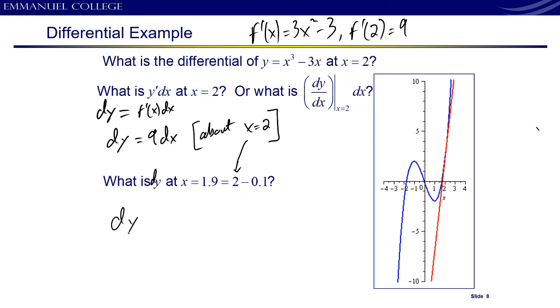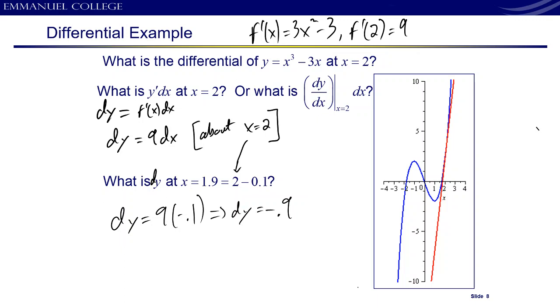So that means dy is going to equal 9 times negative 0.1, so dy is equal to negative 0.9.